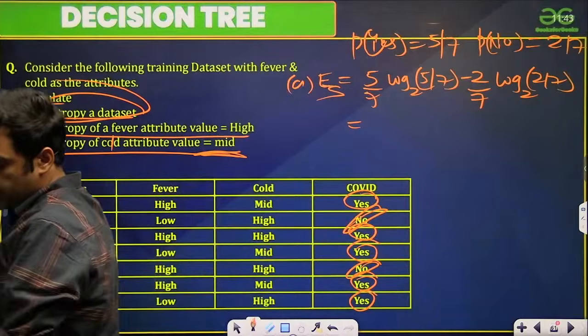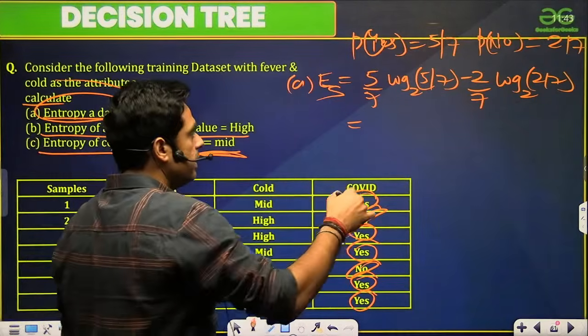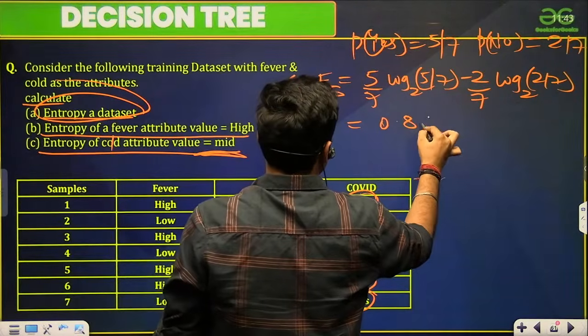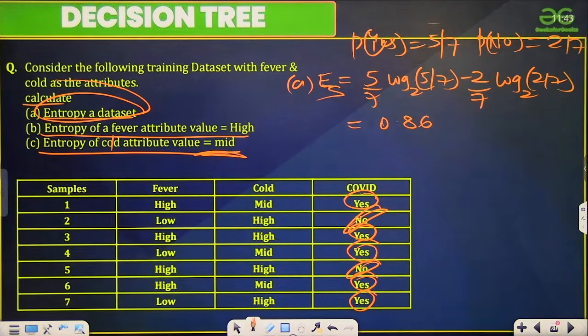Calculate the value of this, it would be around 0.86. This is the entropy of the data set. I hope you are able to see this is highly impure data.